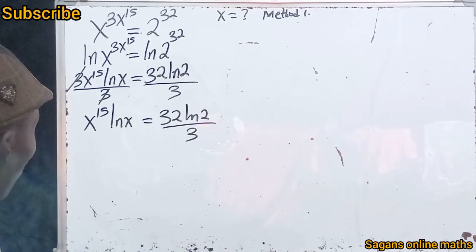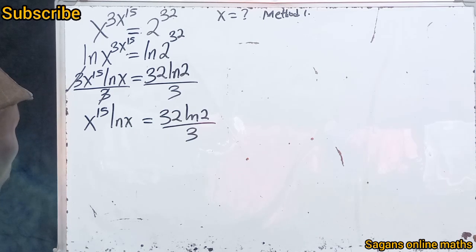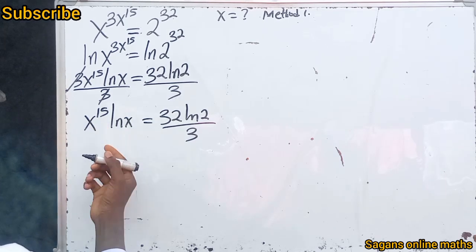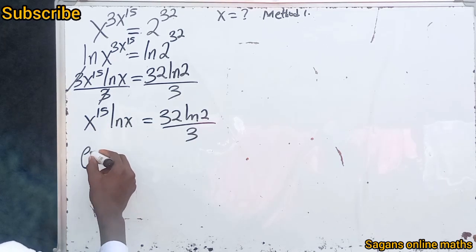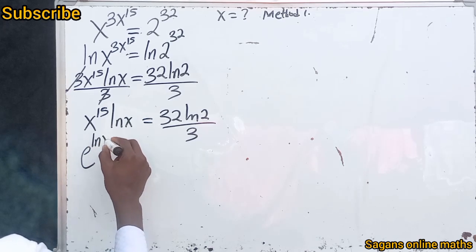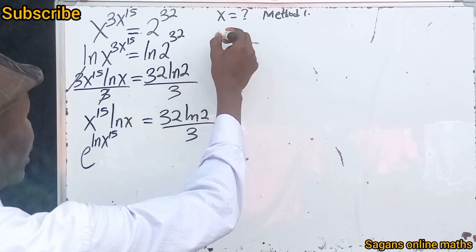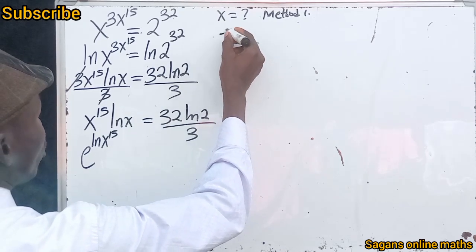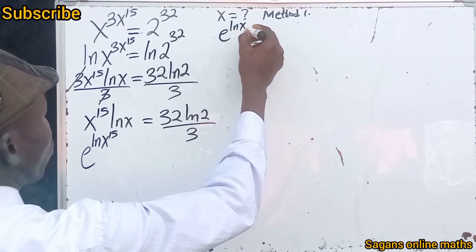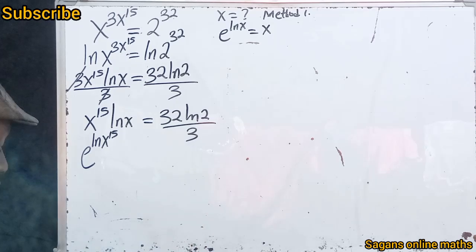Now what are we going to do here? We are not wrong if we decide to write x to the power of 15 as e raised to the power of ln x to the power of 15. We are not wrong because e raised to the power of ln x is equal to x by one of the properties of indices.